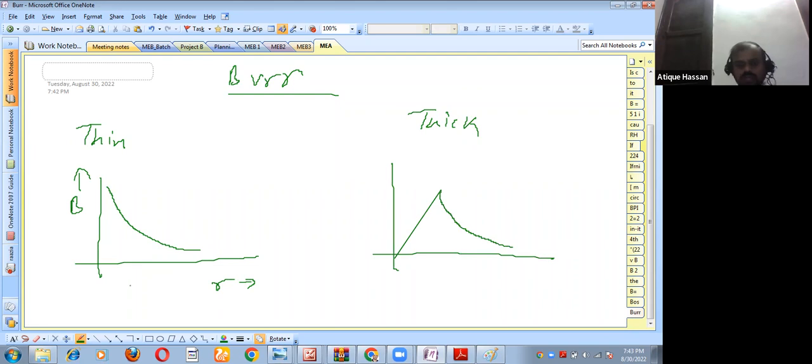So this is the graph of B versus R, the magnetic field due to thick wire. This will pass from the origin. Not from here. This will pass from the origin.